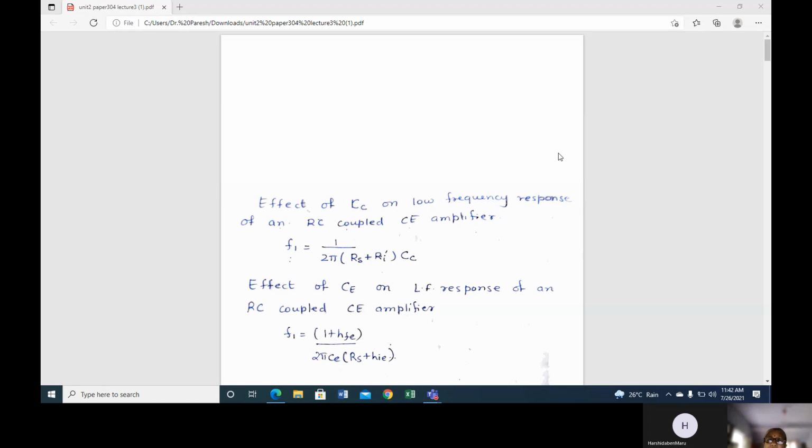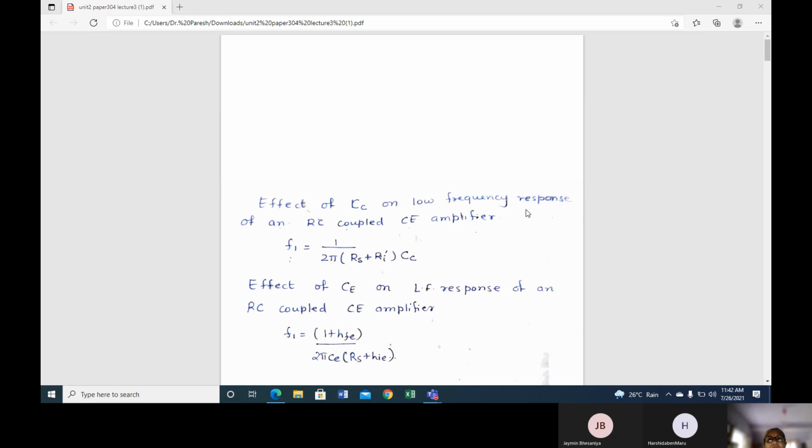There are two capacitors. One is the coupling capacitor and the other is the emitter bypass capacitor. So we have seen the effect of both CC and CE, coupling capacitor and emitter bypass capacitor, individually on the response. Okay, so let us revise this.